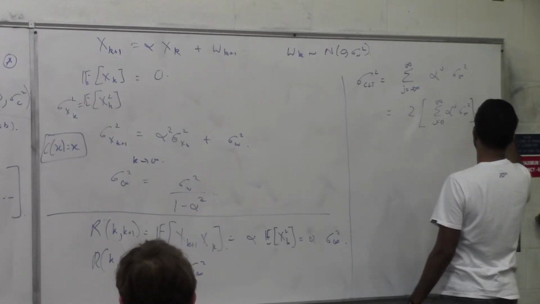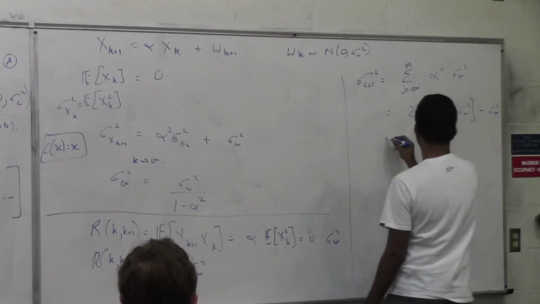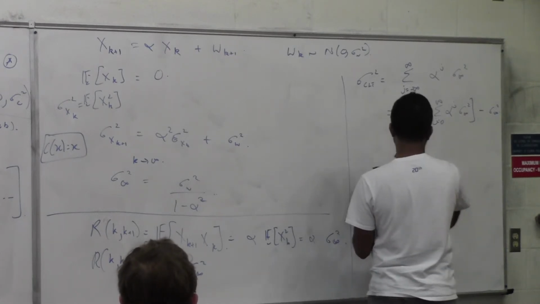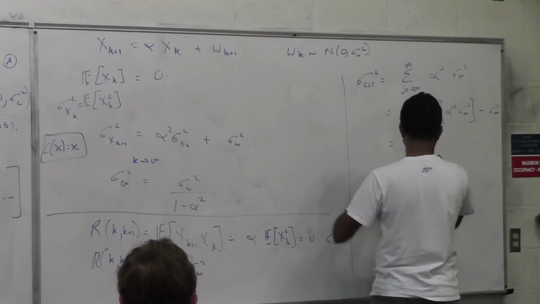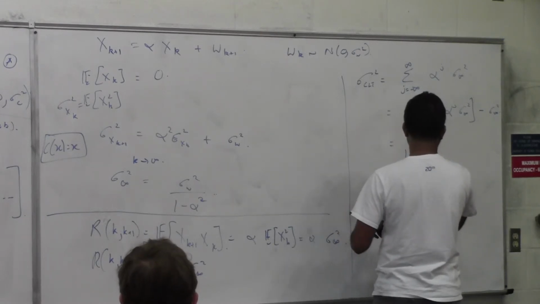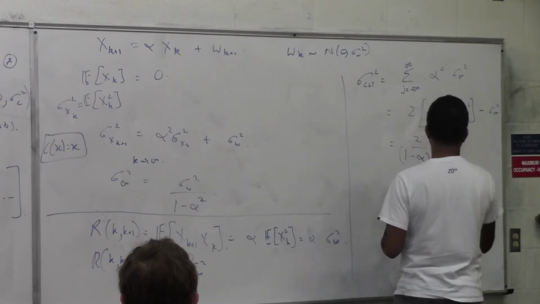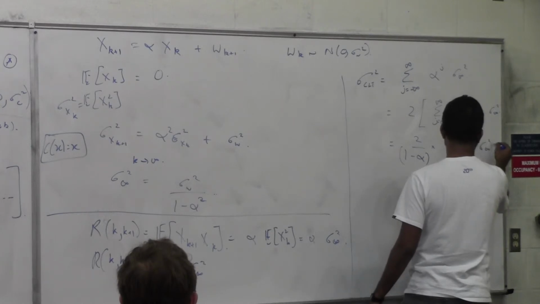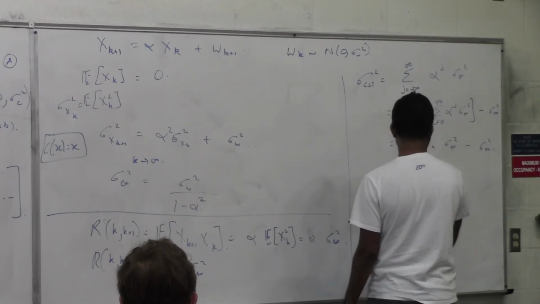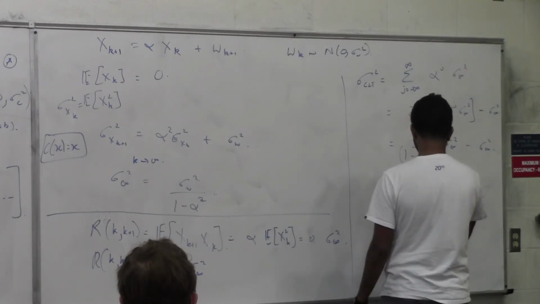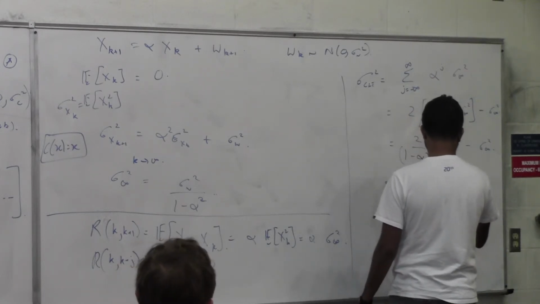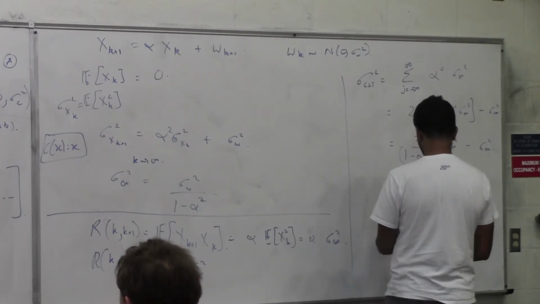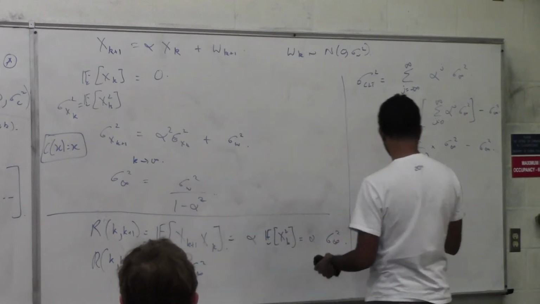minus, I think, sigma infinity square, and anyway, you'll get 1 by 1 minus alpha times sigma infinity square, minus sigma infinity square, and substituting this over here.